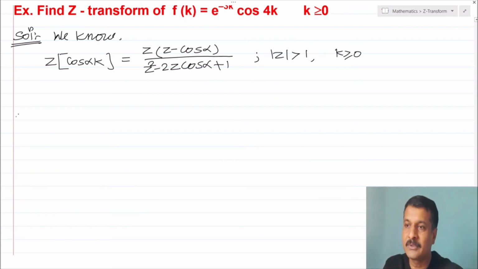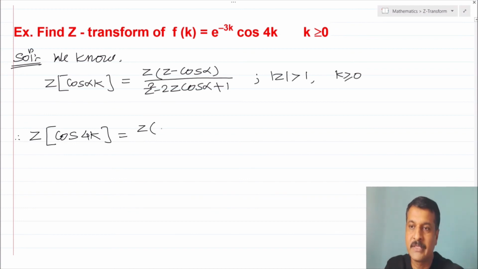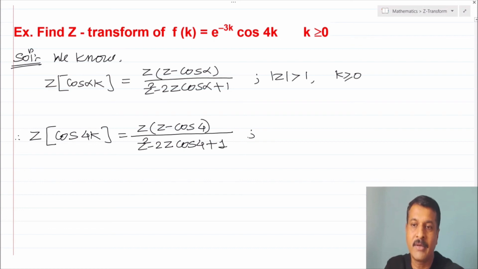And therefore, by using this, I can write z transform of cos of 4k equal to z into z minus cos 4, alpha is now 4, whole divided by z square minus 2z cos 4 plus 1, where mod of z is greater than 1.